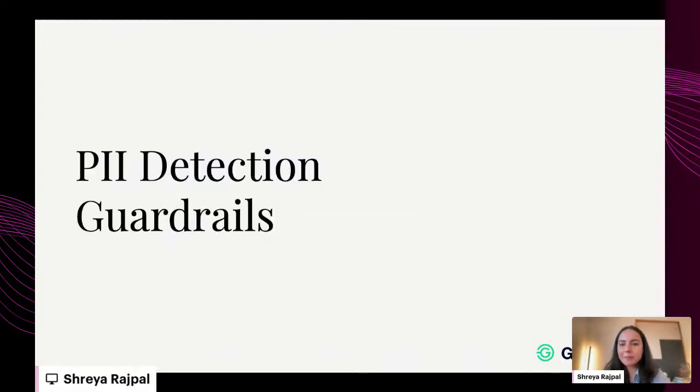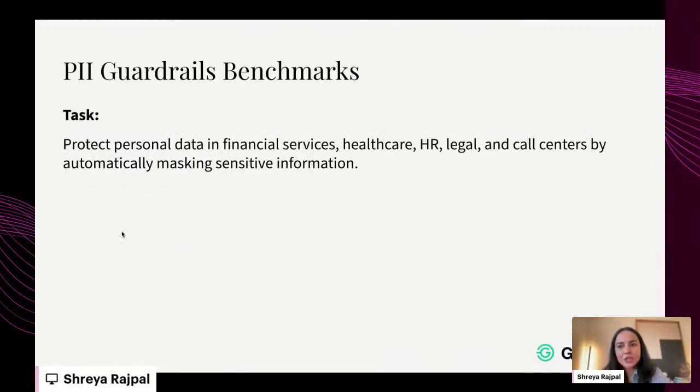Awesome. So let's look at PII detection guardrails and what our interesting findings there are. The task here that we're trying to solve with PII detection is essentially to protect personal data if you're building any AI application in financial services, healthcare, HR, legal, and call centers, by automatically masking sensitive information, right?